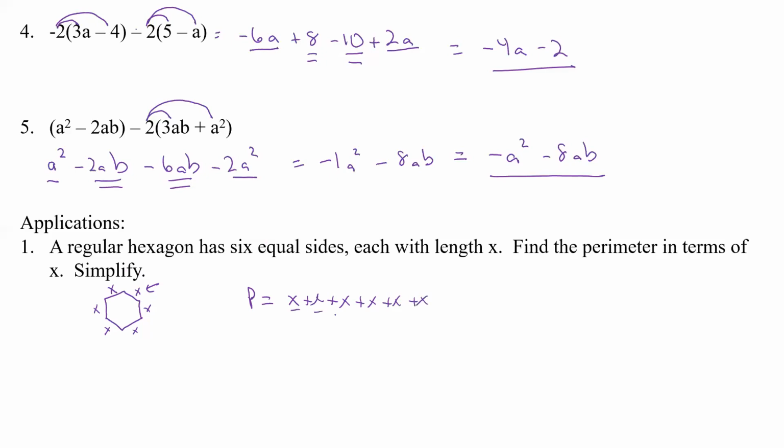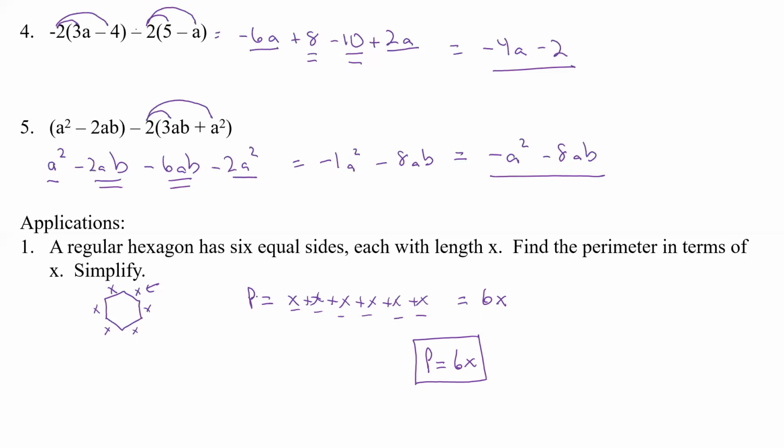So we have 6 terms that are common. They all have x in them. Now they're all 1x, so we have 1x plus 1x plus 1x plus 1x plus 1x plus 1x. Well, what's 1 plus 1 plus 1 plus 1 plus 1? Well, that's 6x. And so that is going to be the perimeter for this hexagon.